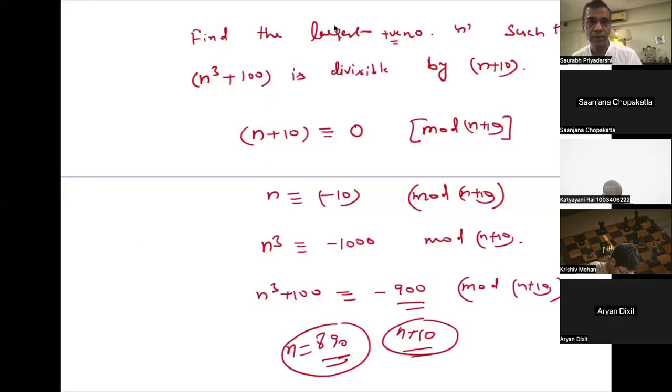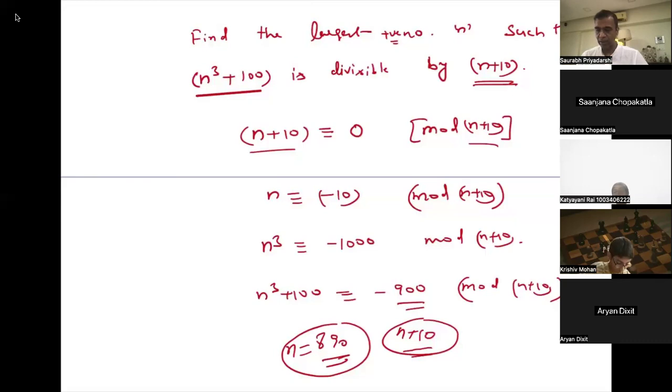Very good. Sir, I just joined again. I got disconnected due to a power cut. Could you explain it again? But this was the question: find the largest positive integer n such that n cube plus 100 is divisible by n plus 10. Yes, sir. So we know that n plus 10 is always divisible by n plus 10.